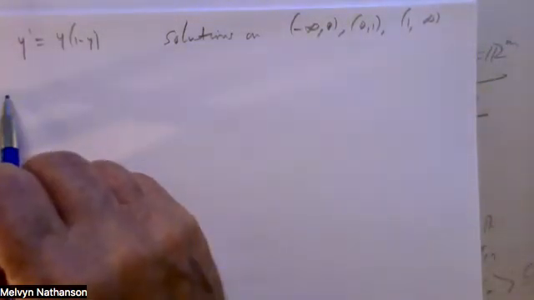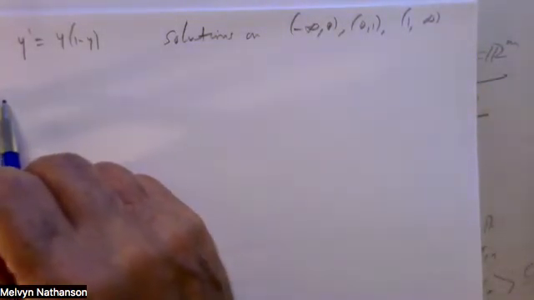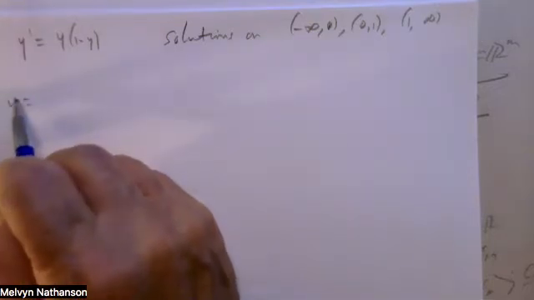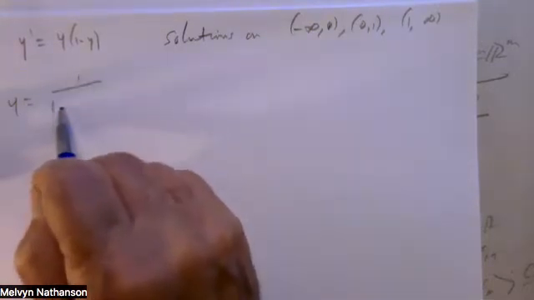And the general solution of this equation is y equals 1 over 1 minus c e to the minus x.